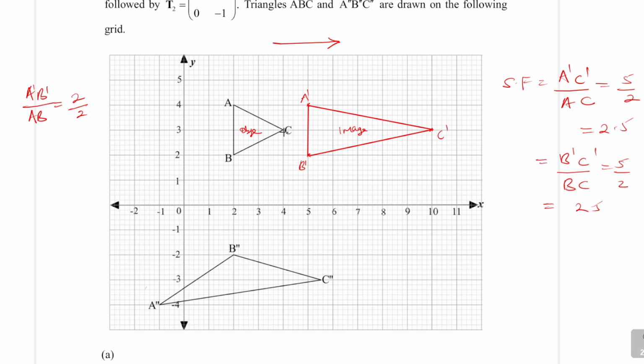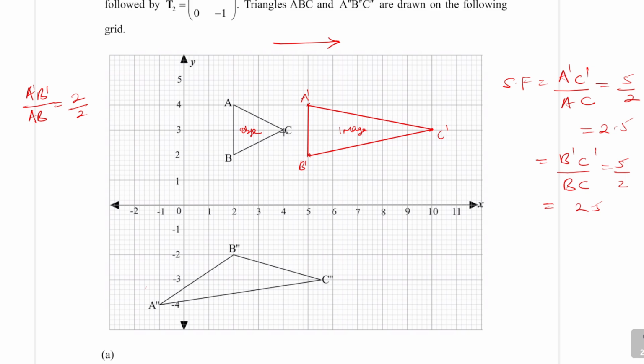Because we said that this is a stretch parallel to the x-axis with the y-axis invariant, the lines AB and A prime B prime are parallel to the y-axis. And the y-axis is the invariant line. So that is why you can see they remain the same.